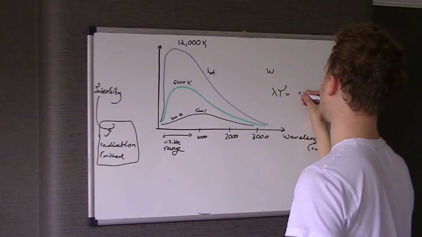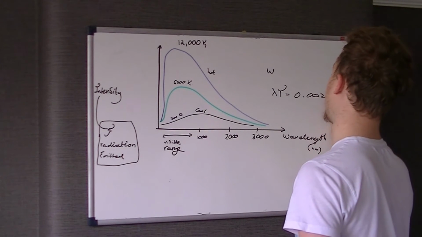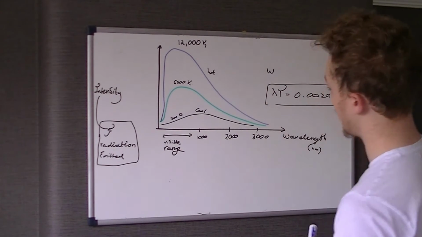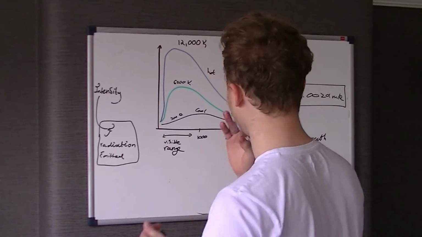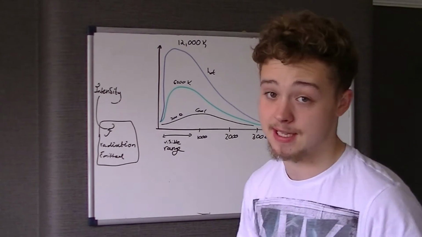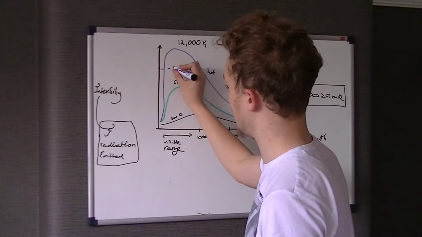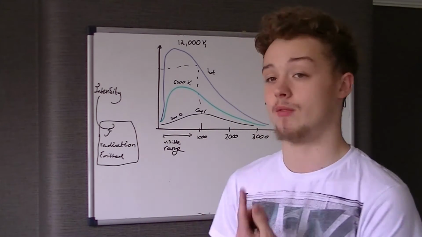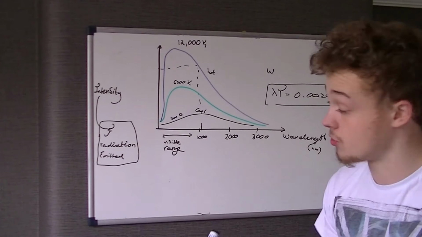So you might use this graph if we're using Wien's displacement law, lambda T is equal to a constant of 0.0029 mK, remember that's metre kelvin. You might know the intensity and ask what the temperature is at that intensity. You'd do a line across to whichever star you were talking about, go down, and read off the wavelength. You'd be given this graph, you don't need to remember it.